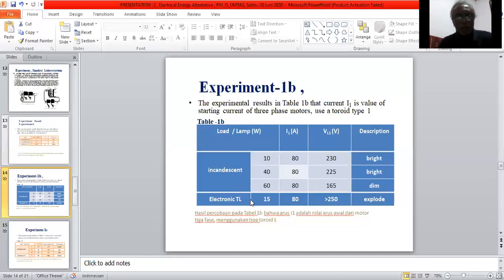It's just guessed that the voltage is greater than 250 volt. The lamp exploded.